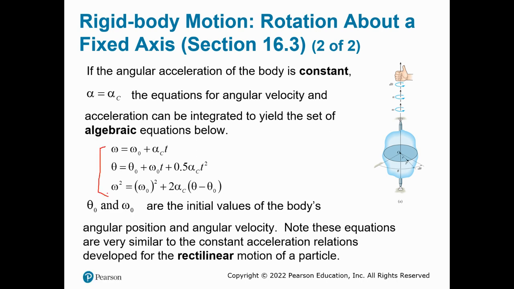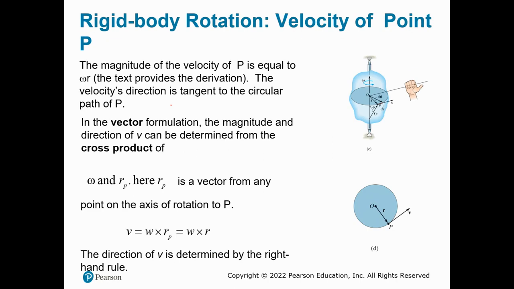So we have omega and theta instead of velocity v and s, and the acceleration is now alpha, which all refer to angular movements. Theta 0 and omega 0 are the initial values of the body's angular position and angular velocity. Note that these equations are very similar to the constant acceleration relations developed from regular linear motion of a particle.